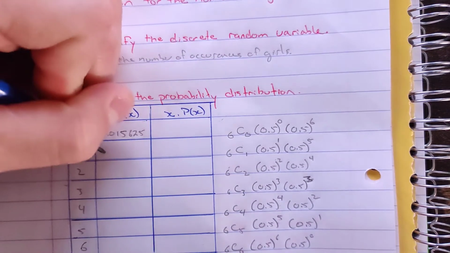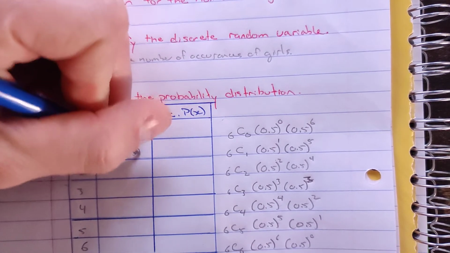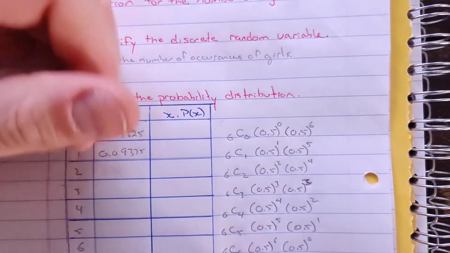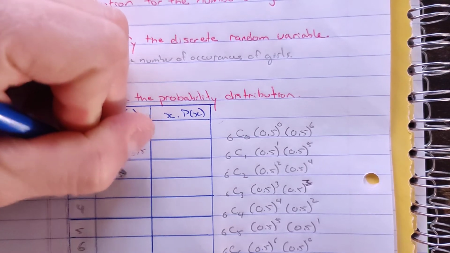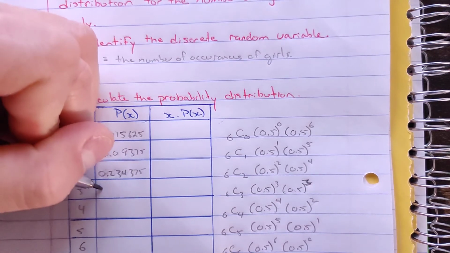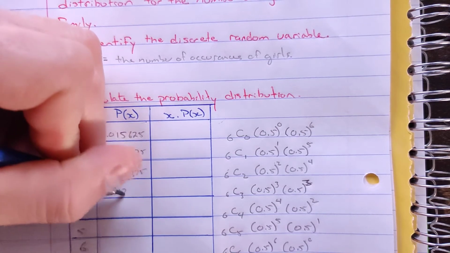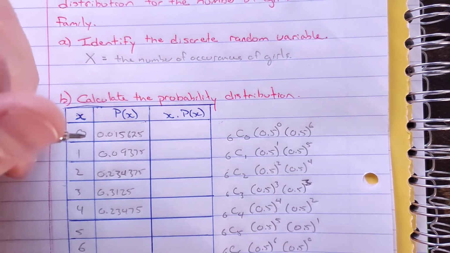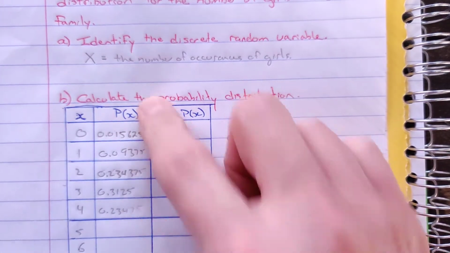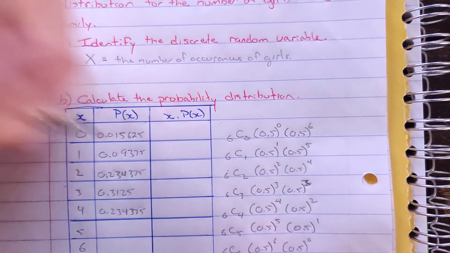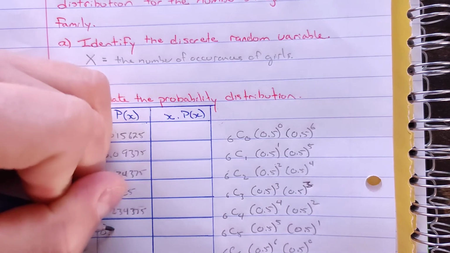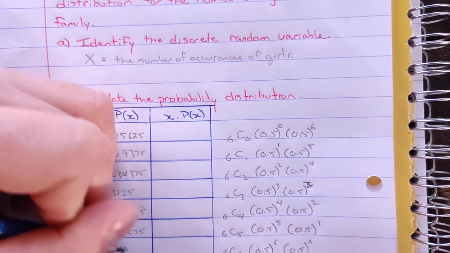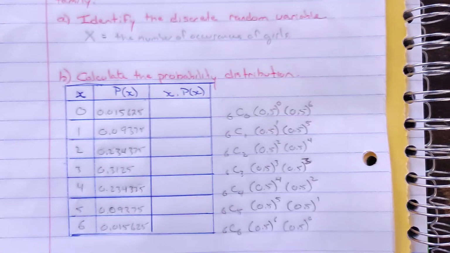And these numbers work out, and we get 0.015625, 0.09375, 0.234375, 0.3125, 0.234375, or sorry, 0.234375. My apologies. And then 0.09375, 0.015625. So those are all the probabilities.